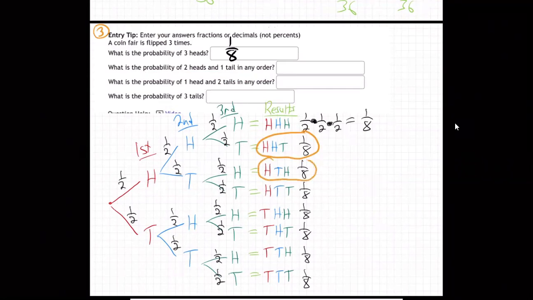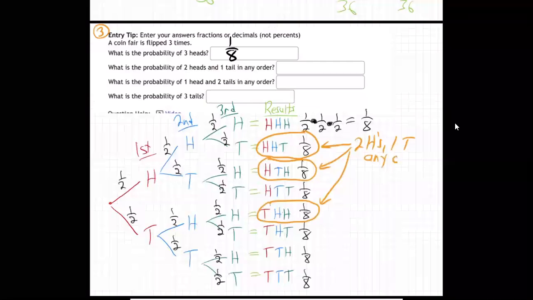Here's 2 heads, 1 tail. And here's 2 heads, 1 tail. Any order. So you notice that there's 3 of them.